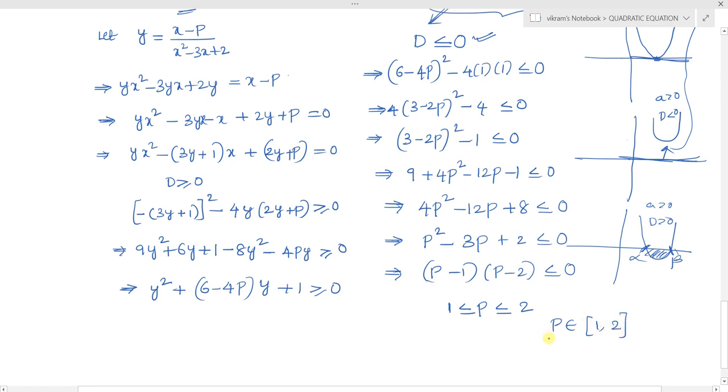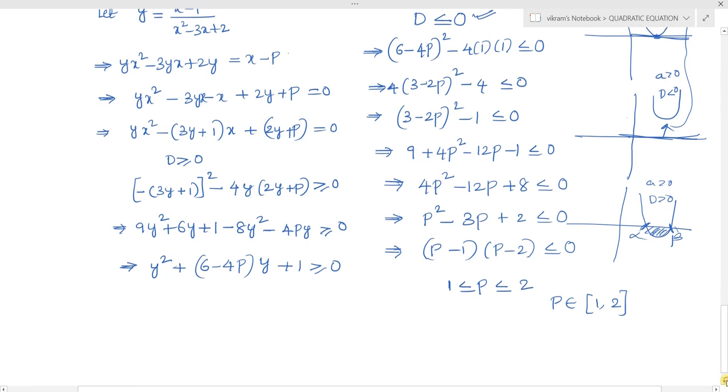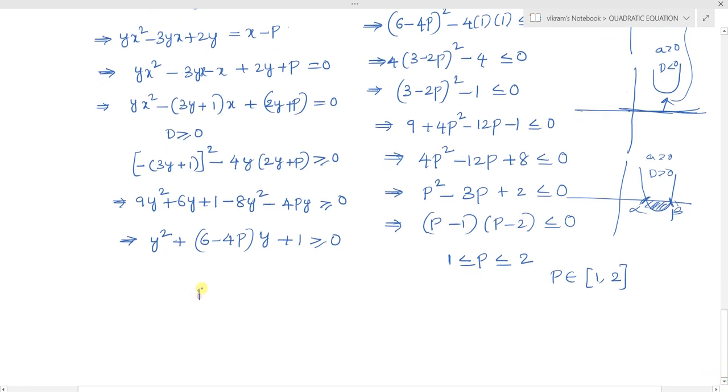That means here 1 and 2 are also included, but let us check the expression if p is equal to 1. If p is equal to 1, the expression we obtain is (x minus 1) by (x square minus 3x plus 2).